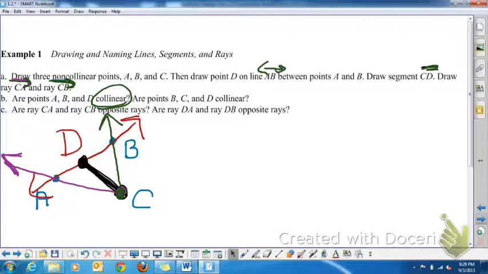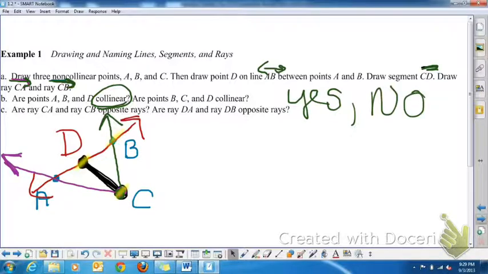Yes, they are. Are B, C, and D collinear together on the same line? No, they're not. They are non-collinear, B, C, and D.